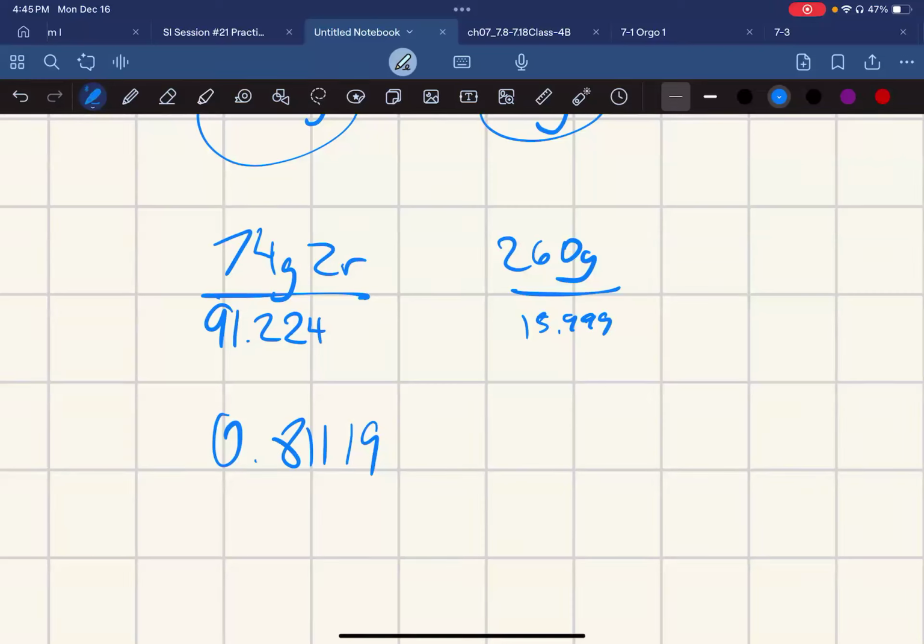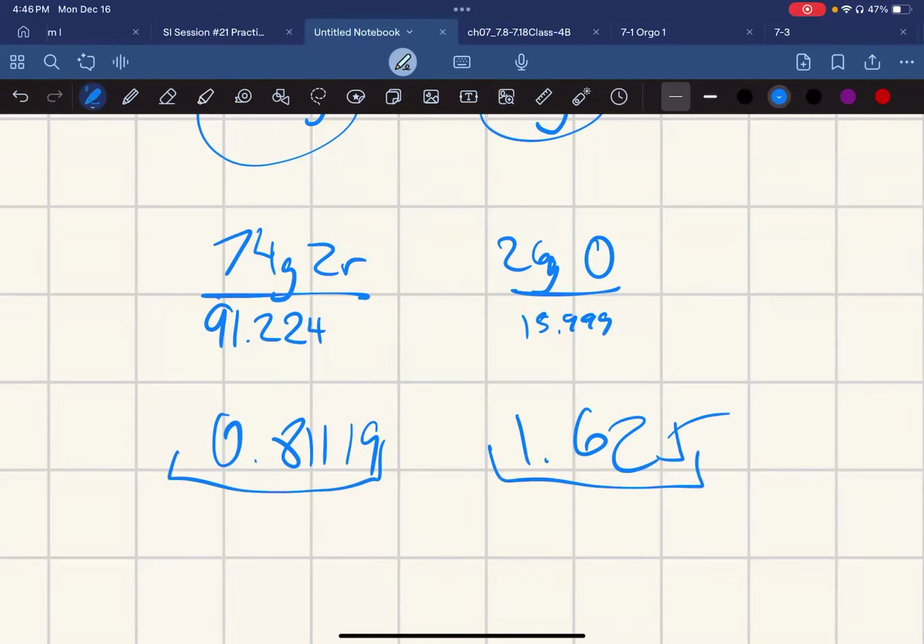Sorry, this might look confusing. 26 grams of oxygen, divided by 15.999, is 1.625. Already I can see that this value is double this one. As you get more practice with this, you get familiar with spotting those things.